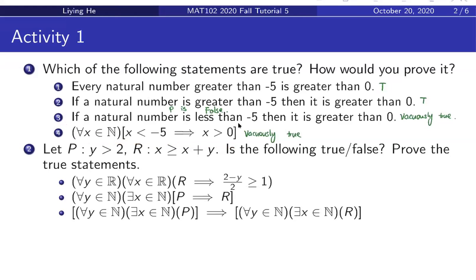Number 3 is number 4 written in English, and number 4 is number 3 written in logic symbols. So they're the same thing, and for the same reason, it's vacuously true.